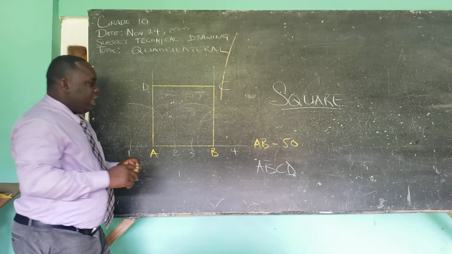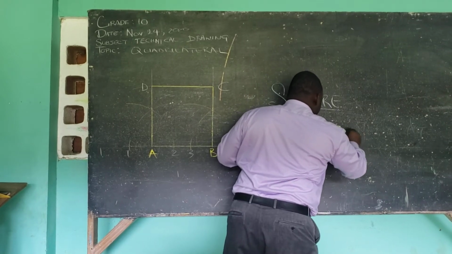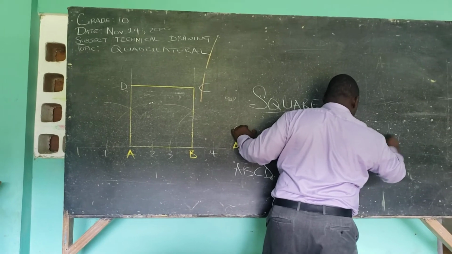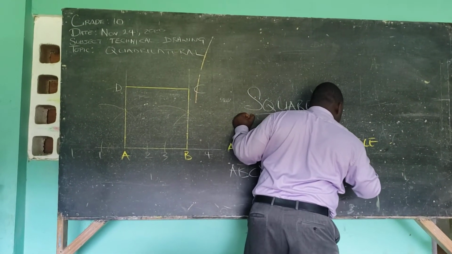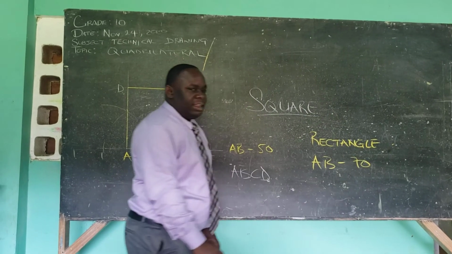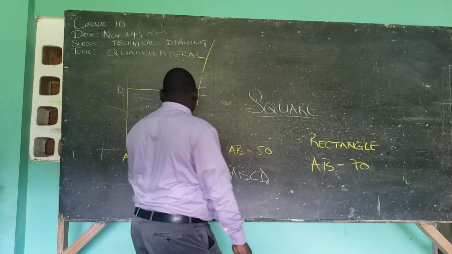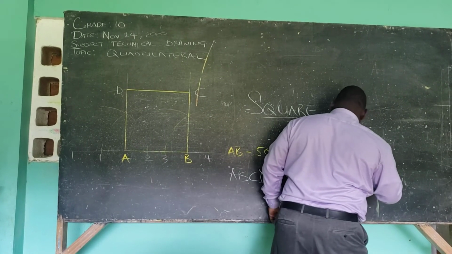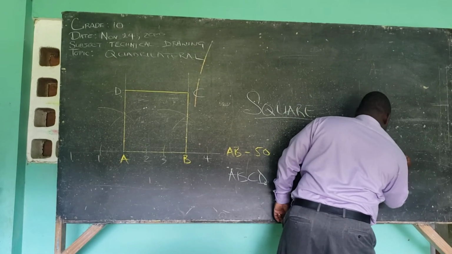Now let us say that in constructing your rectangle, AB is equal to 70 millimeters. Your AB is equal to 70 millimeters. Now AB is also equal to your BC.